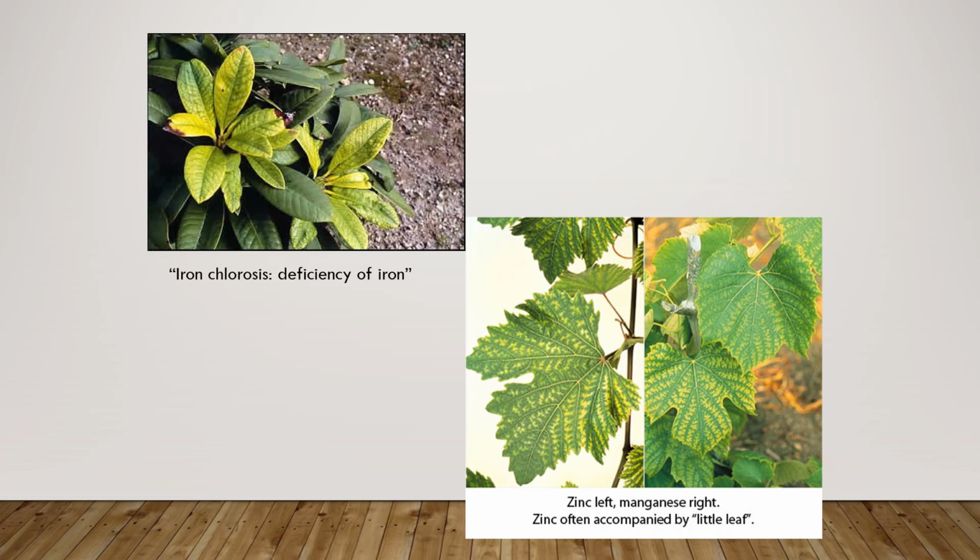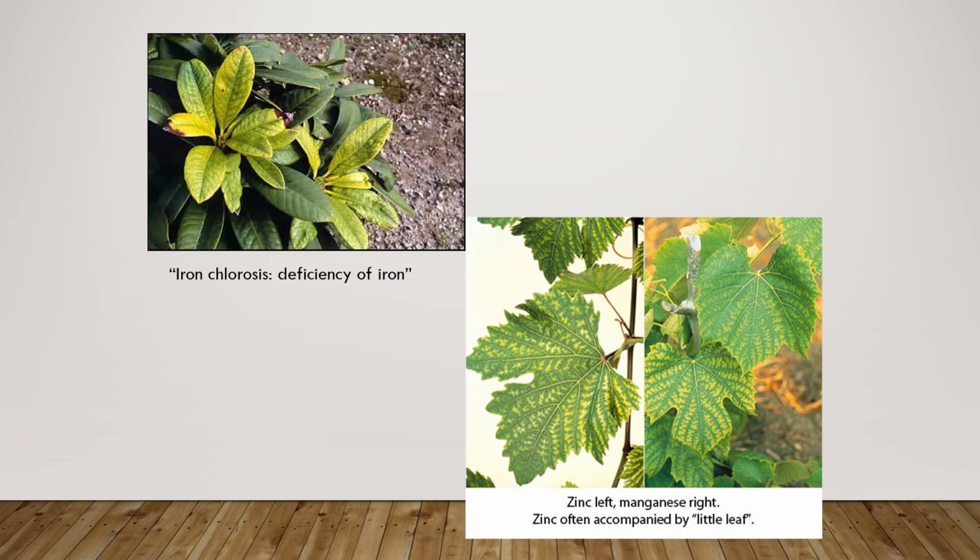Iron chlorosis is the deficiency of iron, and it's really a lack of access to the iron. Rhododendrons, camellias, azaleas, and blueberries are all acid-loving plants, and the reason they are acid-loving is because iron is more available to them in more acidic soils.